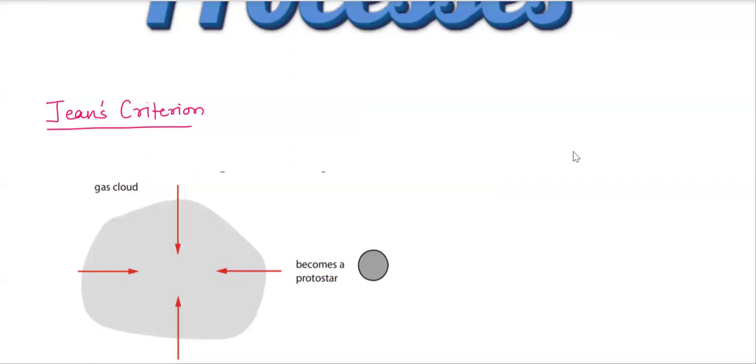The condition says that if there is a gas cloud of mass m, the gas cloud has a gravitational potential energy, because the mass is being pulled towards the center.